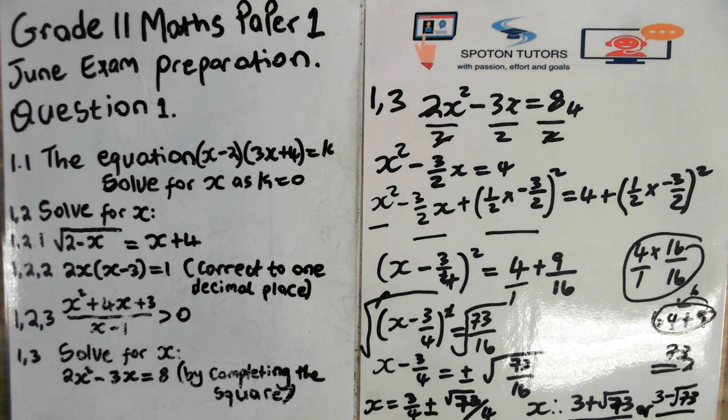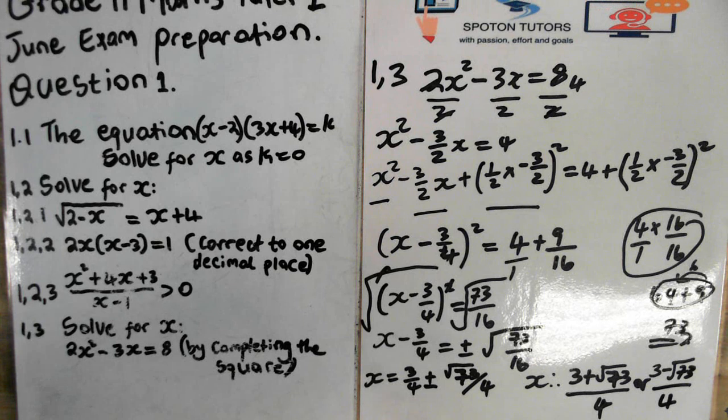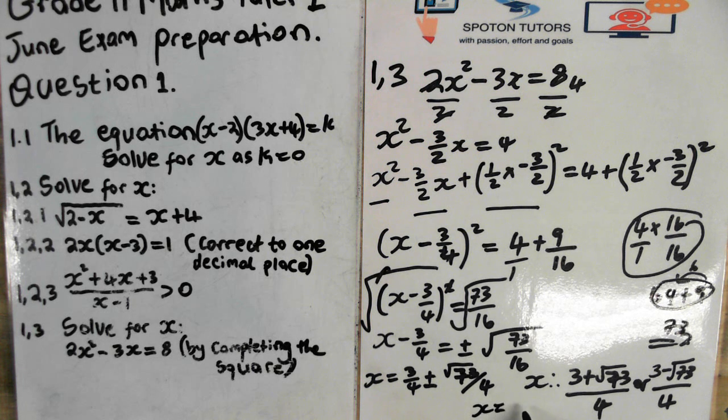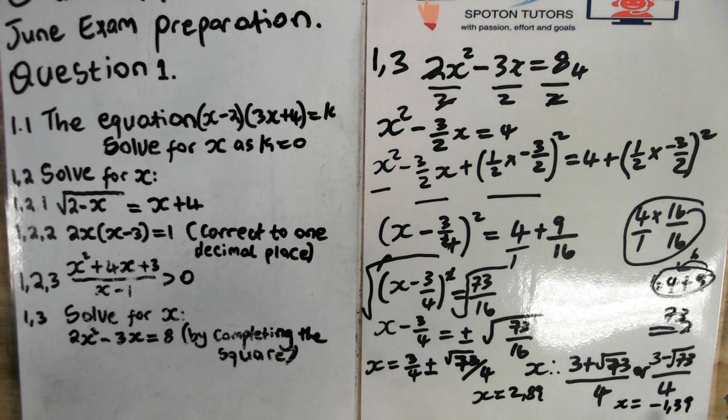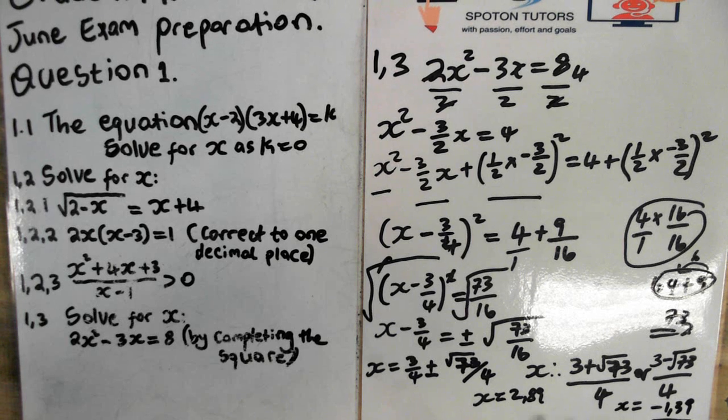Then you can use your calculator to find out what's the value of this and the value of that. So you can work this on a calculator, which would then mean that x equals to 2.89 or x equals to negative 1.39. That's your answer here after having solved it here.